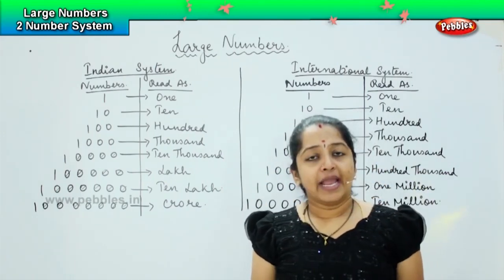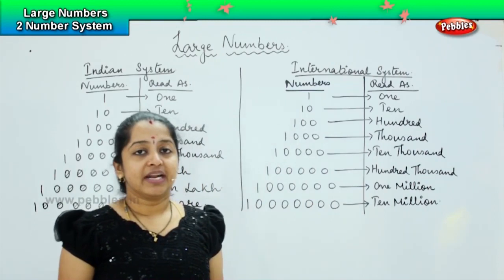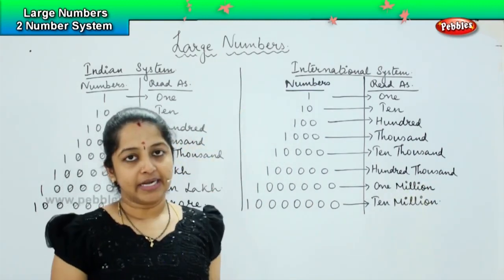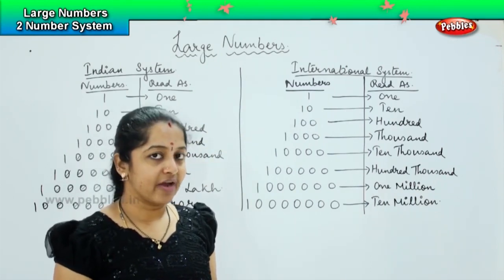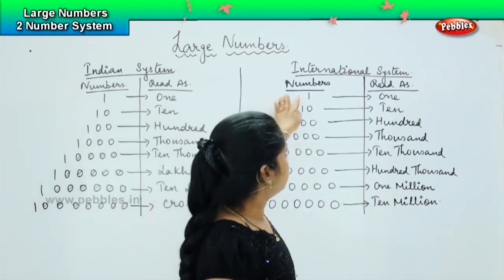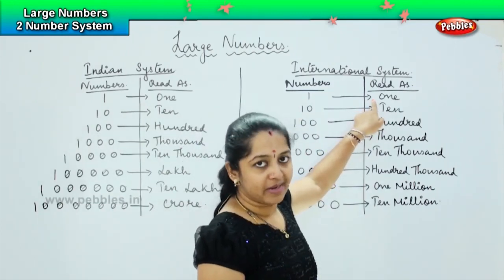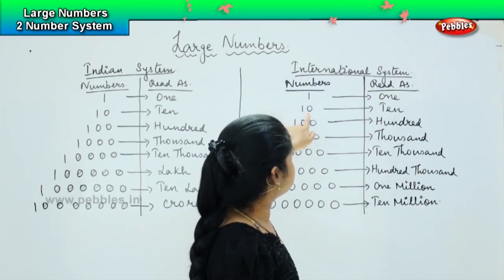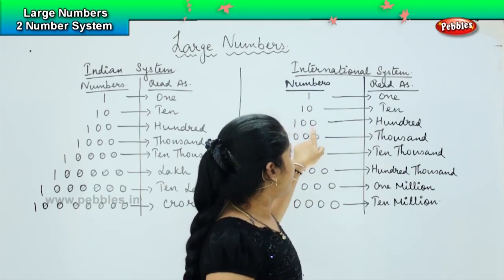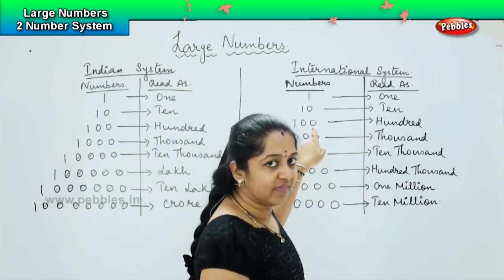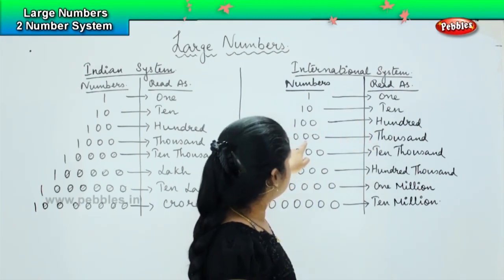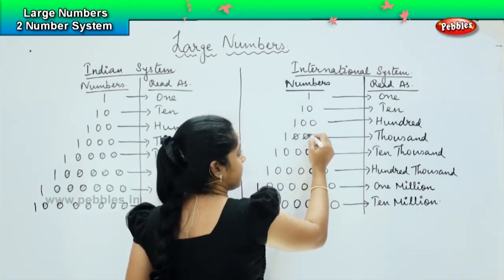Okay. Now I have told you something about the Indian system. So shall we see what is the difference between Indian system and international system? We will just have a browse over it. Okay. See the table here children. 1 is called 1. So it remains the same. 1 0 is termed as 10. 1 followed by 2 zeros, yes, it is 100. 1 followed by 3 zeros, how much is it?